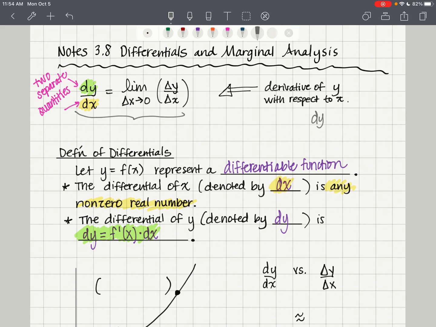We know dy dx is equal to the first derivative. Because dx is a quantity, I can take both sides and multiply by dx. On the left-hand side, the dx's cancel out, and I have dy equals f prime of x times dx.